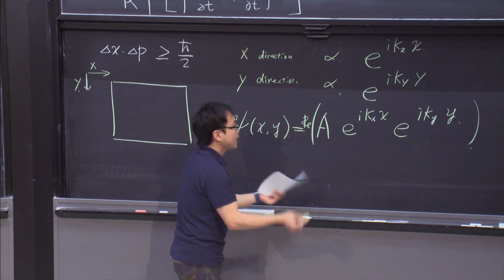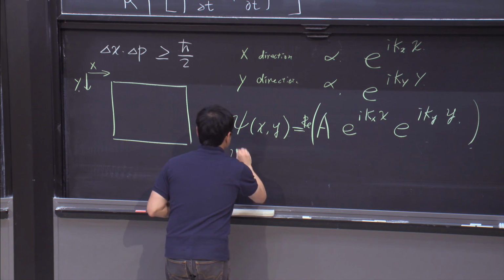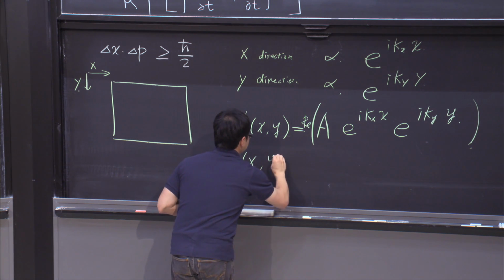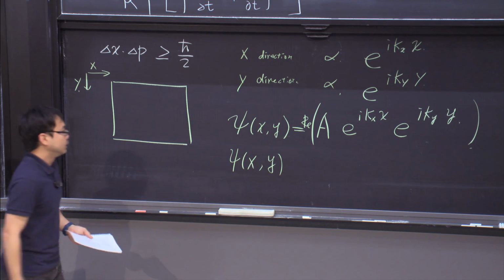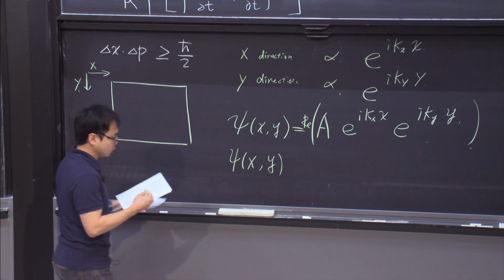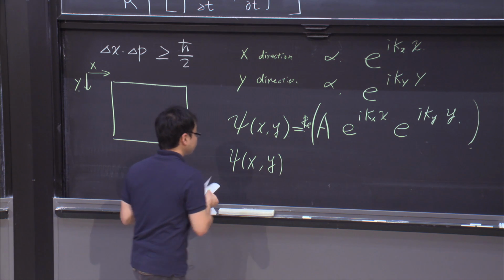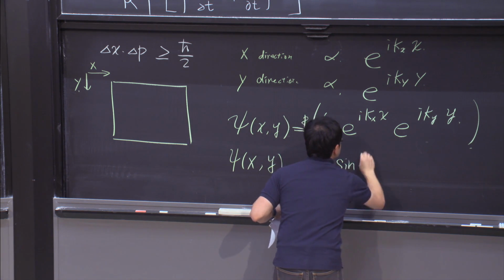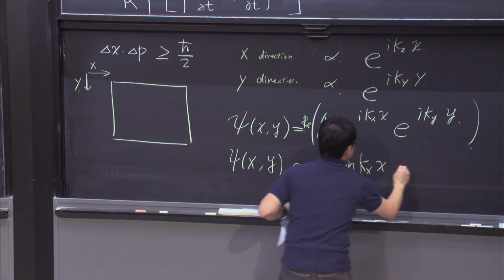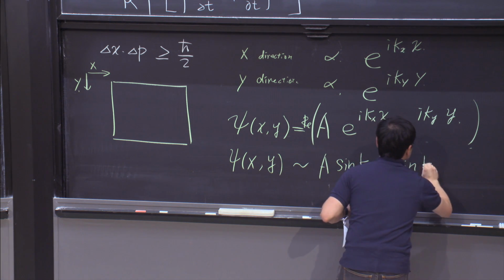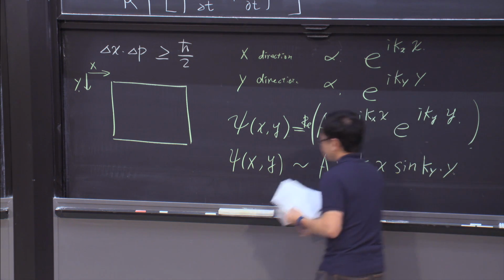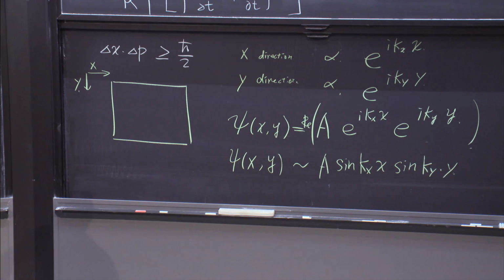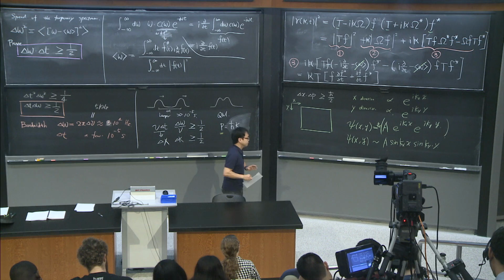Therefore, without going into detail, we see that the expected behavior of psi as a function of x and y will be something like sine k_x x times sine k_y y. That's the kind of normal mode which we expect based on the argument of translation symmetry.